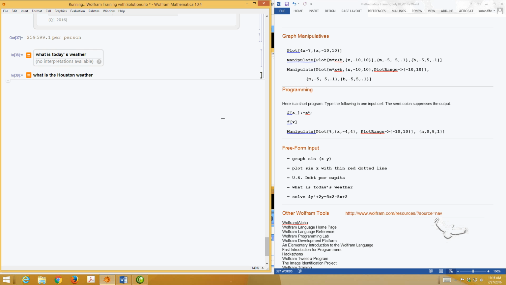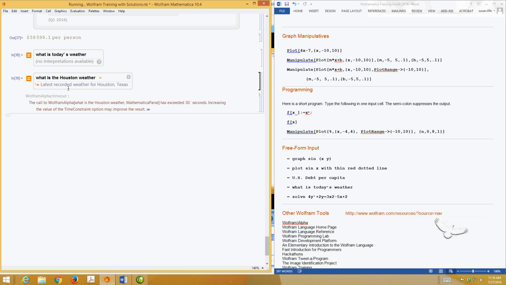Looks like it doesn't know what the Houston weather is. Oh. So it was trying to find it, but it couldn't. Latest recorded weather for Houston. 75 degrees Fahrenheit, cloudy, relative humidity, and so forth.